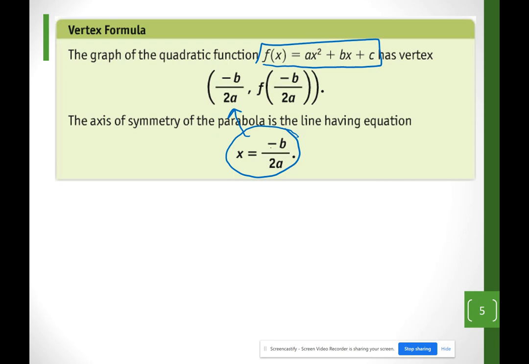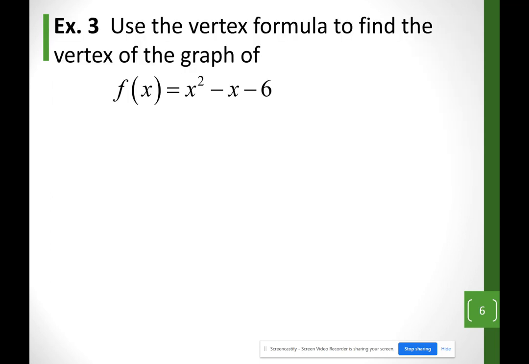To find the y value, I'm going to plug the x into my function, and that's going to give me the y value. Remember I just said x equals negative b over 2a. We can try completing the square if we want to, but another way we can do it is by doing this.